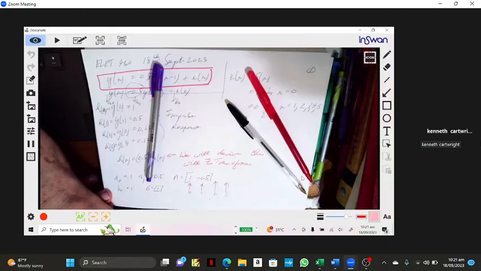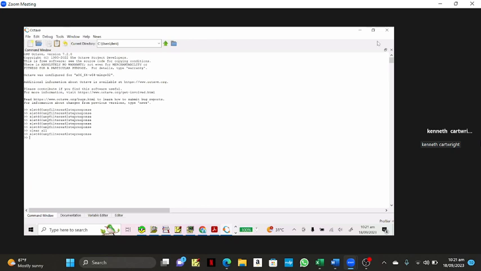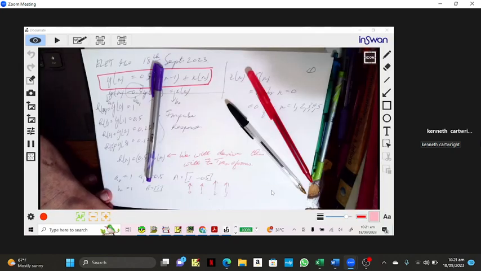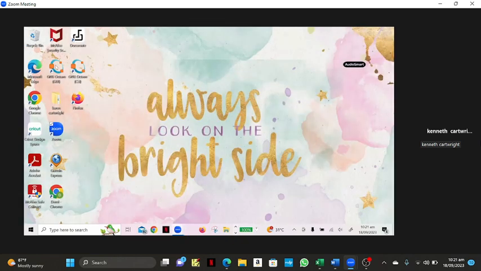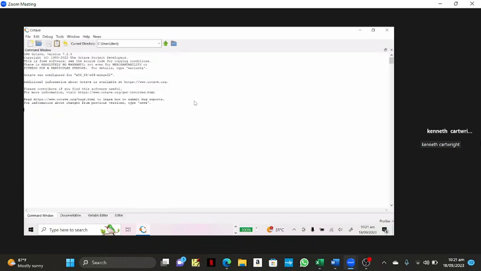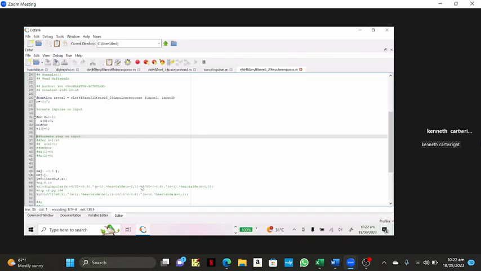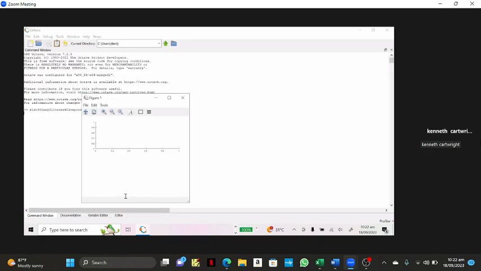I may have to reboot Octave. And we'll do that. Okay. I may have to reboot my computer.